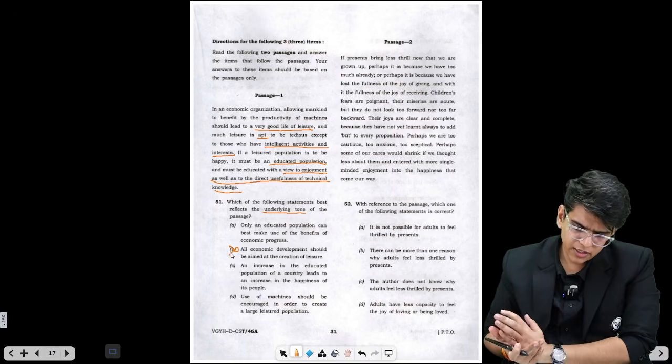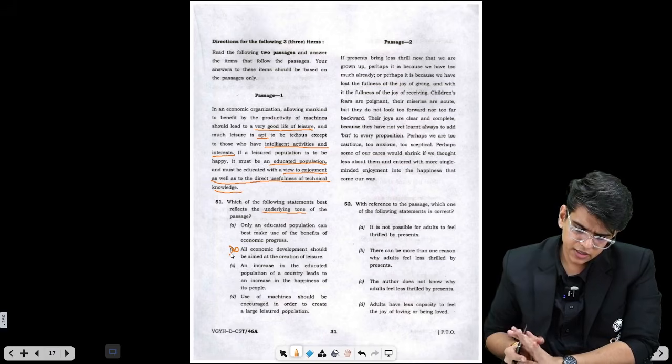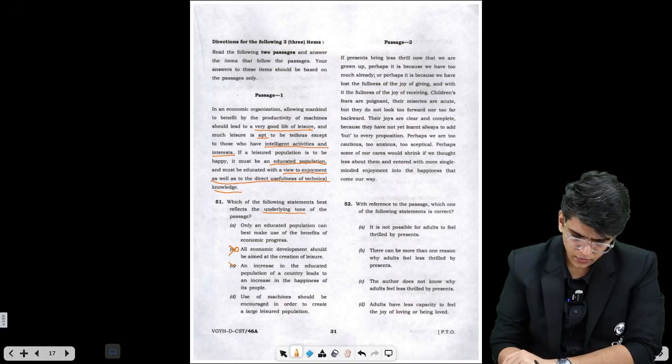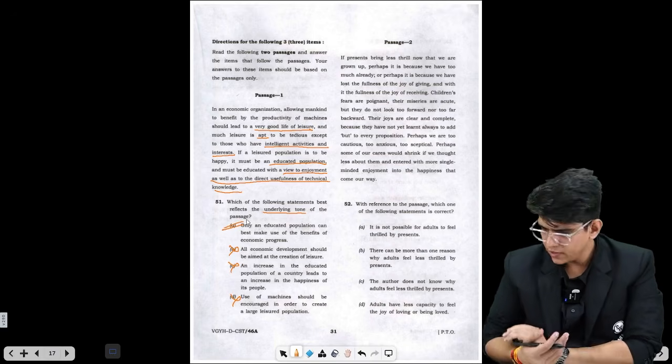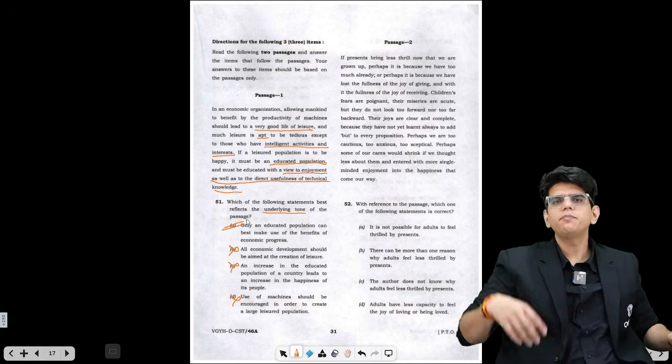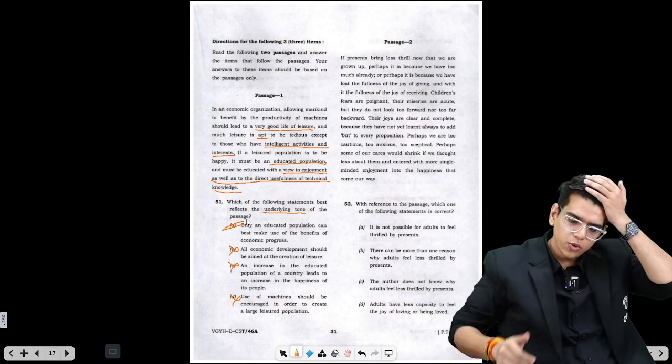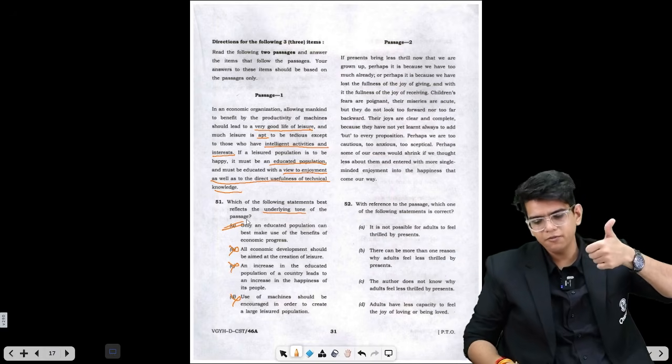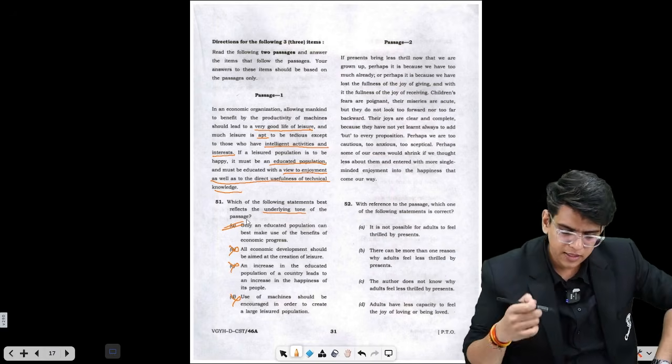An increase in the educated population in the country leads to increase in happiness of the population. No, not necessary. Use of machine should be encouraged in order to create. No, only an educated population can best make use of benefits of economic progress. Yes, option A, because only the people who know how to make use of this leisure time will have better understanding to use that time.